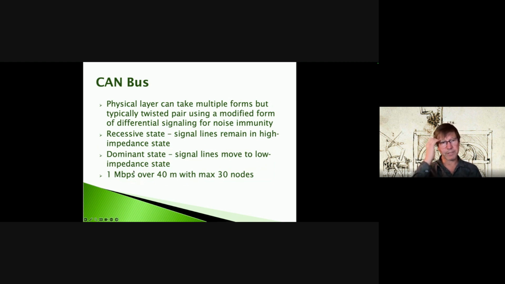Okay, not going to go into a ton of detail on this. I don't think anyone's project really involves CAN, but it is ubiquitous, used for a lot of different things, so you should know about it. The speeds depend upon which form of the physical layer you're using, but you can get up to about 1 megabit per second over 40 meters with a maximum of 30 nodes. And just like any standardized thing, you want to adhere to the standard so that you can be compatible.